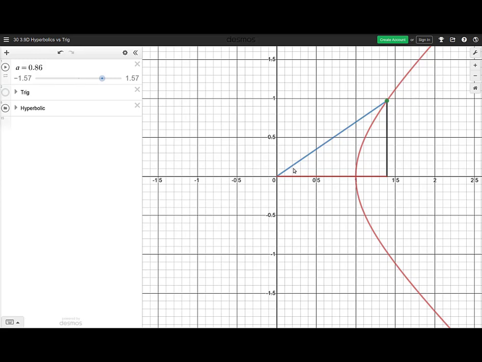I've heard many different pronunciations of them, and I don't think there's one standard. But the idea is that the alpha that you're plugging in is not necessarily the angle here, but rather the area of the region cut off by the hyperbola. Negative area would be represented by below the x-axis, but same idea.